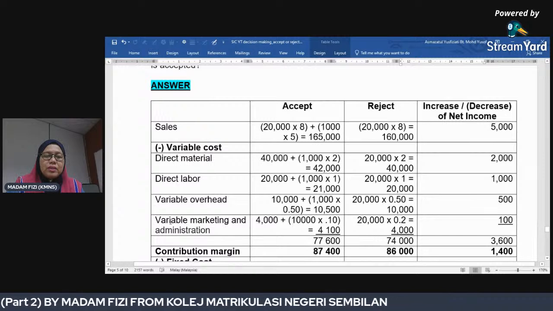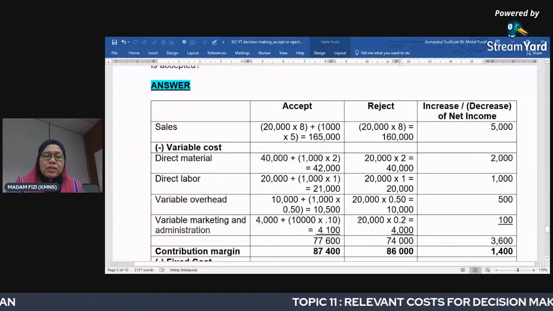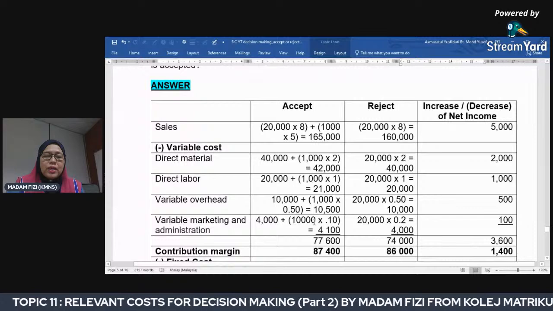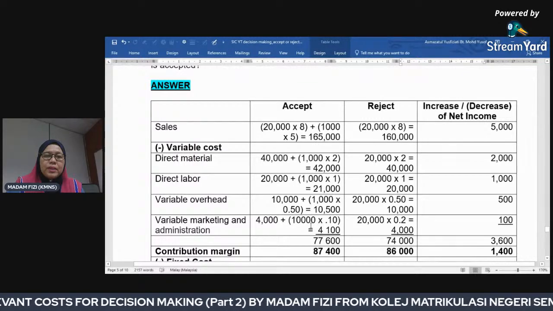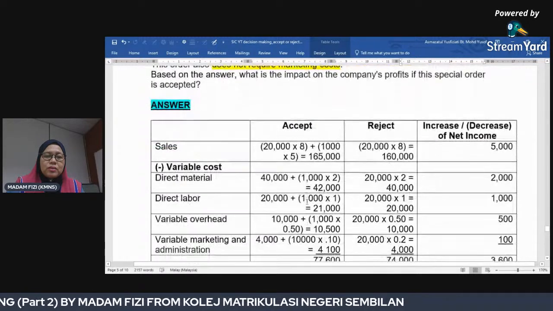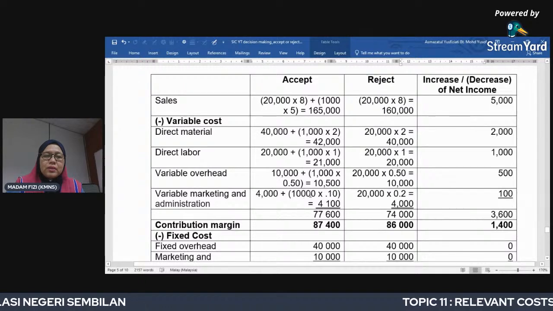But how about the variable marketing and administration? If we reject, the variable marketing and administration is 20,000 times 20 cent equals 4,000. But if we accept, which cost is not there? The marketing cost is not there. So how to calculate? The original 4,000 plus 1,000 units times 10 cent.